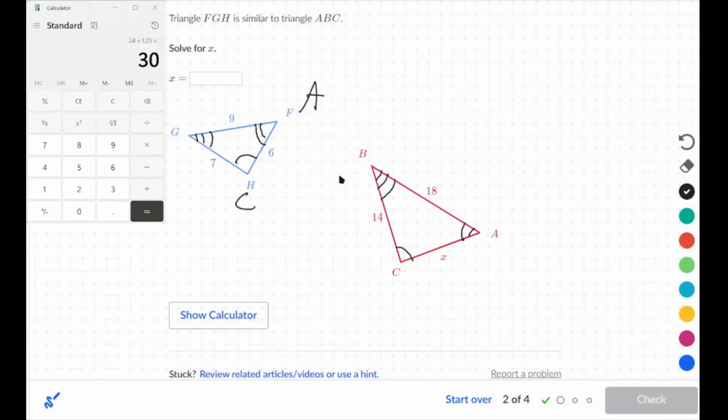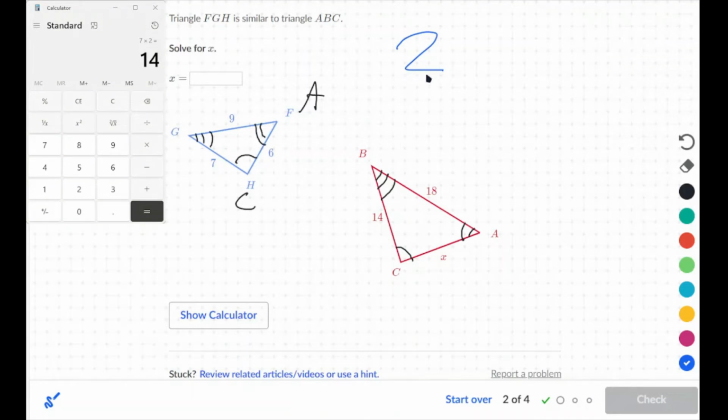Alright, so now that we got that down, let's start multiplying and dividing. In order to get from 7 to 14, it's 7 times 2. But since we want to check, 7 times 2 equals 14. So our main attraction is now 2.